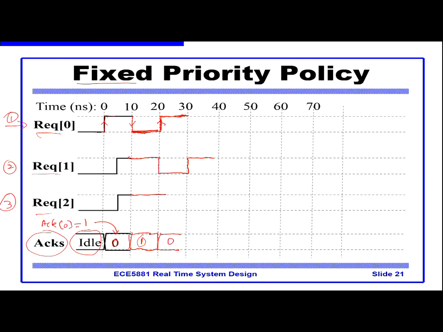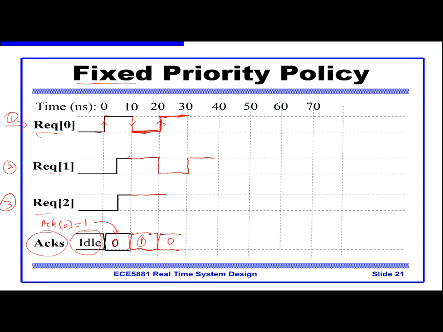Okay, there is a slight dilemma here, isn't there, in that does this transition here occur soon enough for the arbiter to make that decision? And we're going to assume yes, because there's minimal propagation delay in our logic. So that's really a bit of an assumption there, and it's a bit of a race condition. Maybe it does, maybe it does not catch that 1 on request 0, but let's assume it does.